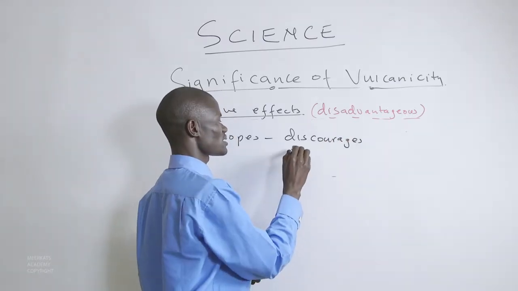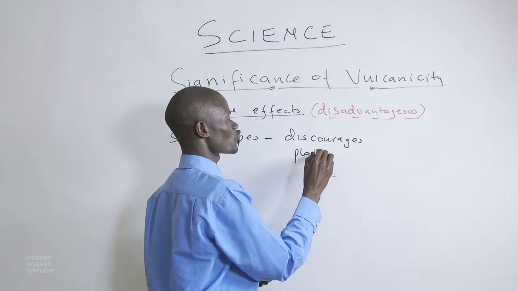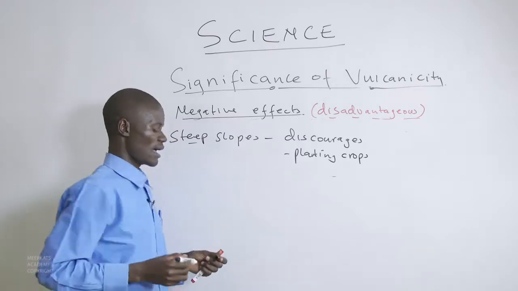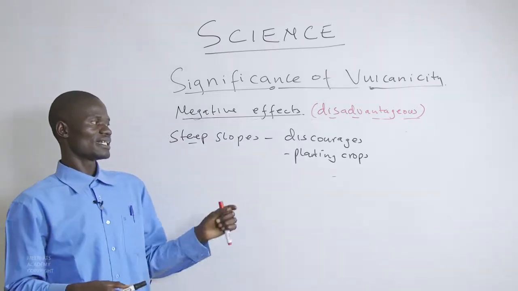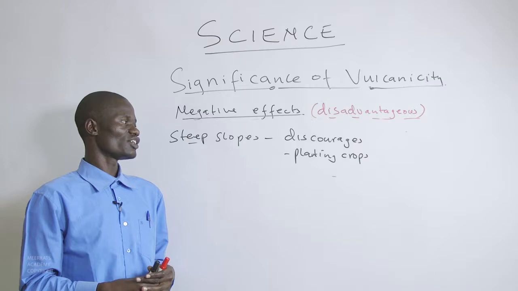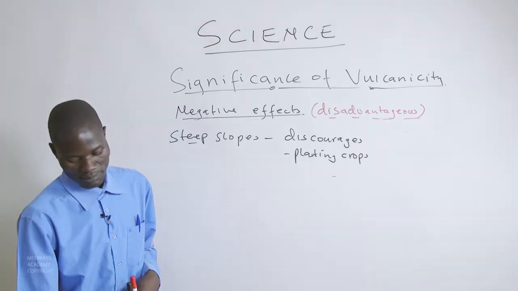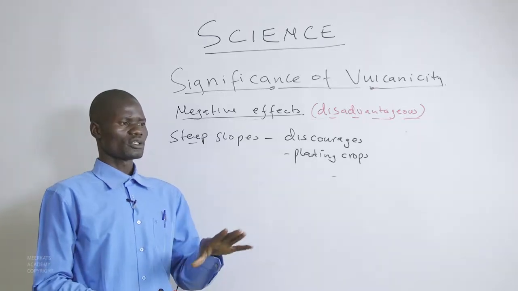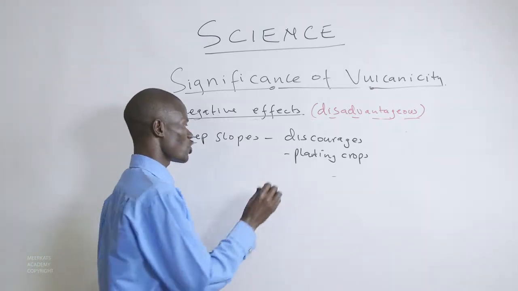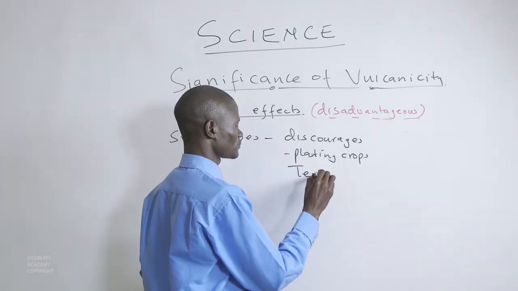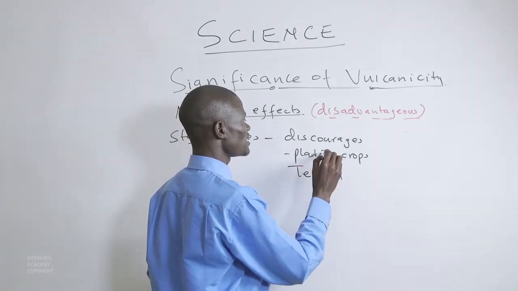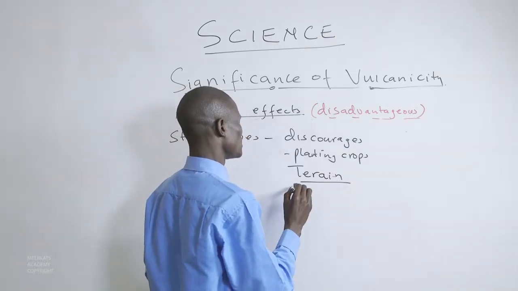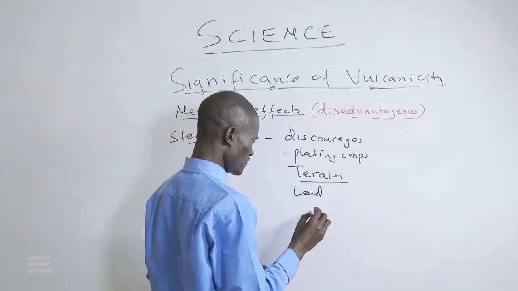It discourages the activity of planting crops, and any other human activity that may be undertaken, because it is very steep. For example, you cannot access such regions because their terrain is very much steep. It is inaccessible. Such landscapes are not conducive.